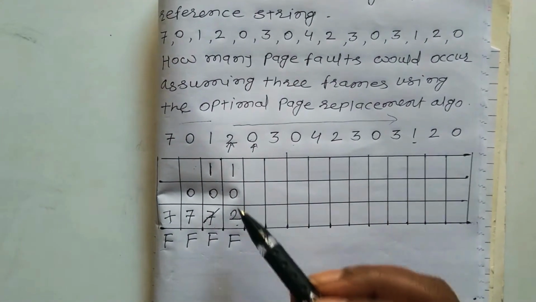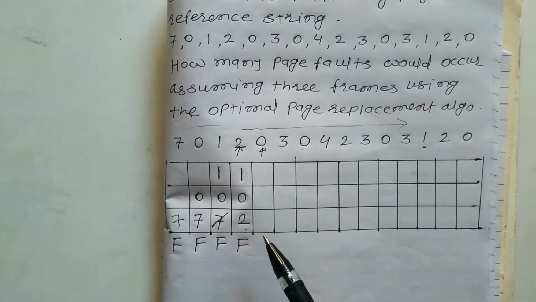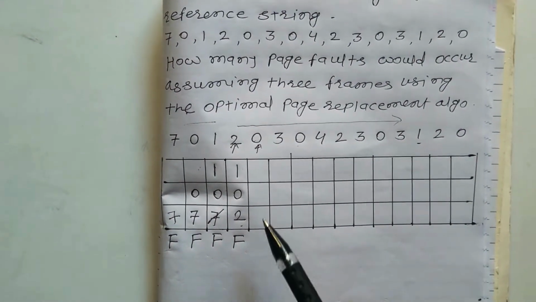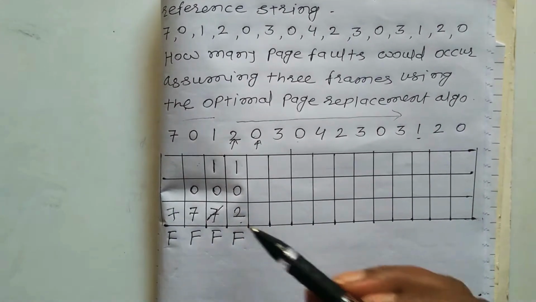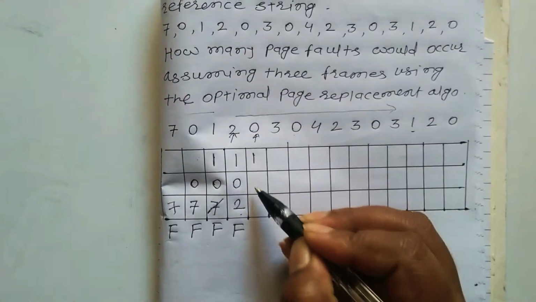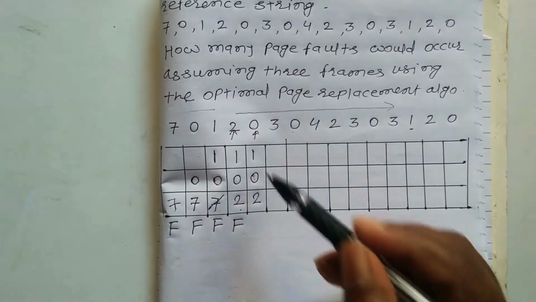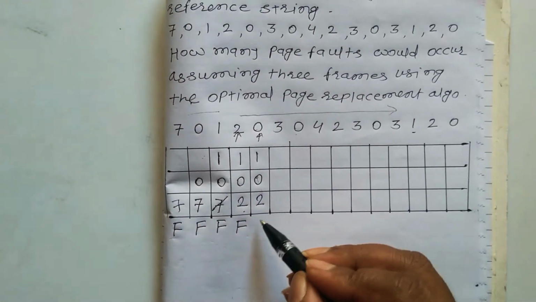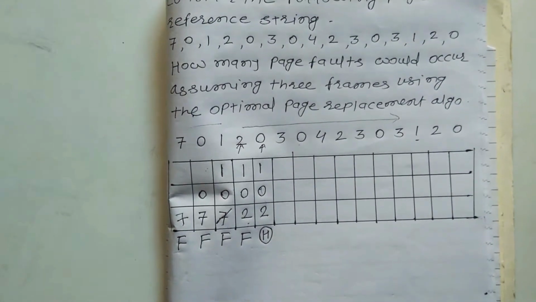Whenever the page is already in the main memory, that is known as a page hit, and you have to write down the same pages as they are in the next position. That is, I will write down 1, 0, 2 as it is. Since this 0 was already in the main memory, this is known as a page hit.